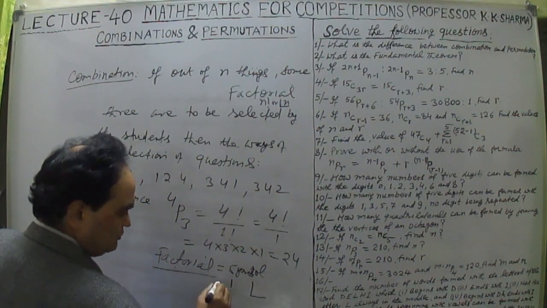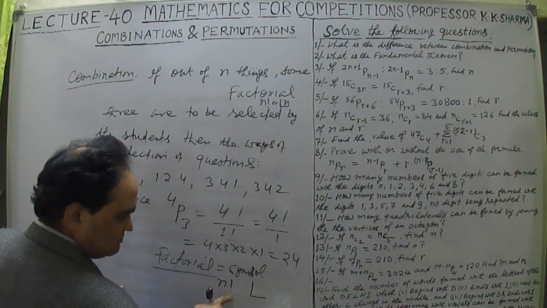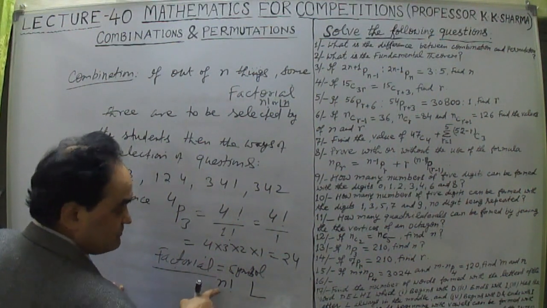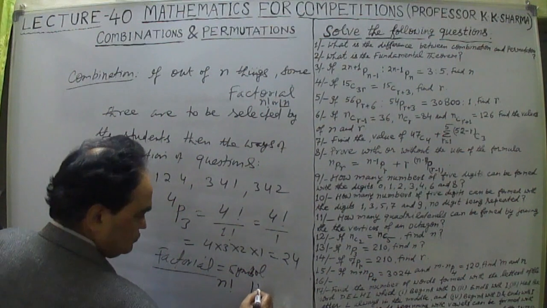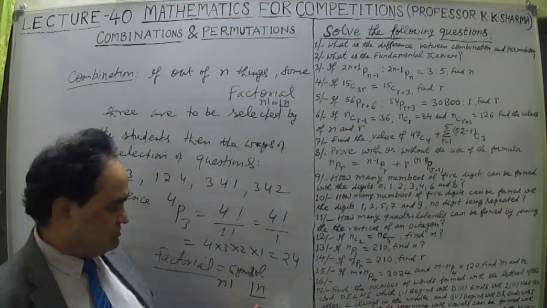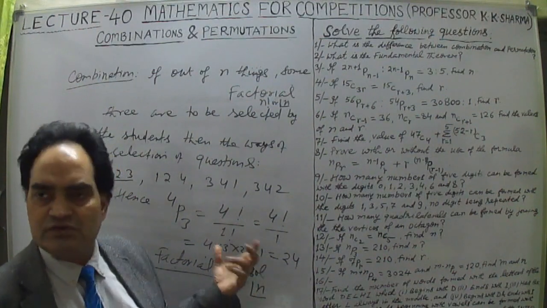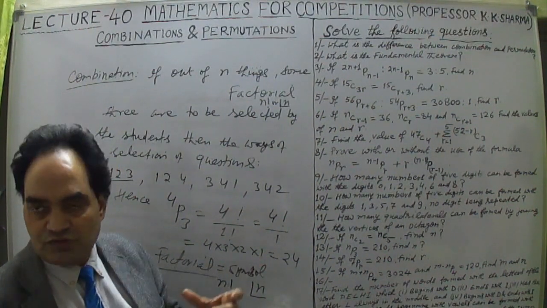If I write n and then the factorial sign, this is denoted as factorial n, and this is also known as factorial n. So either of the 2 symbols can be used to denote factorial.